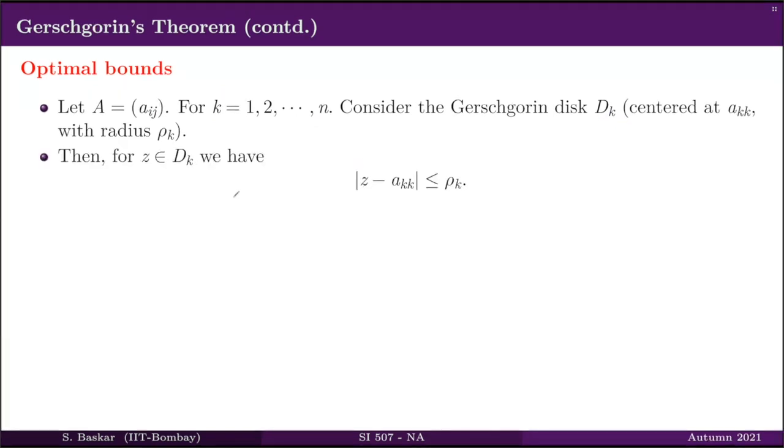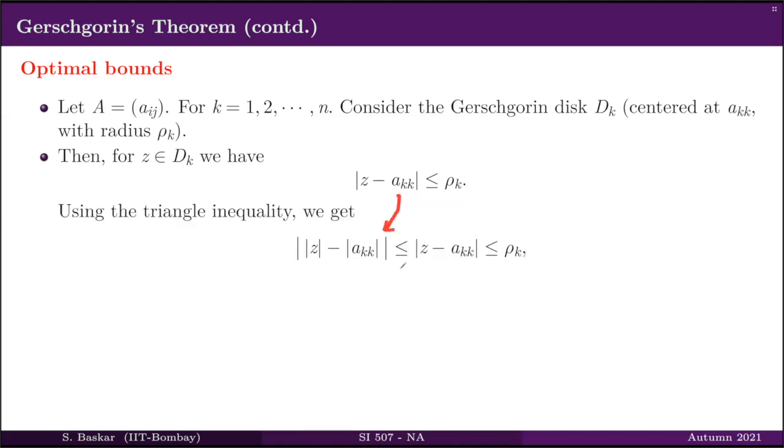They are given by the set of all z such that mod z minus akk is less than or equal to rho k. Remember, we are constructing the Gerschgorin disk with A, not A transpose. Therefore, we use the notation rho k. You know what is the meaning of that. There is a subtle difference between rho k and tau k.